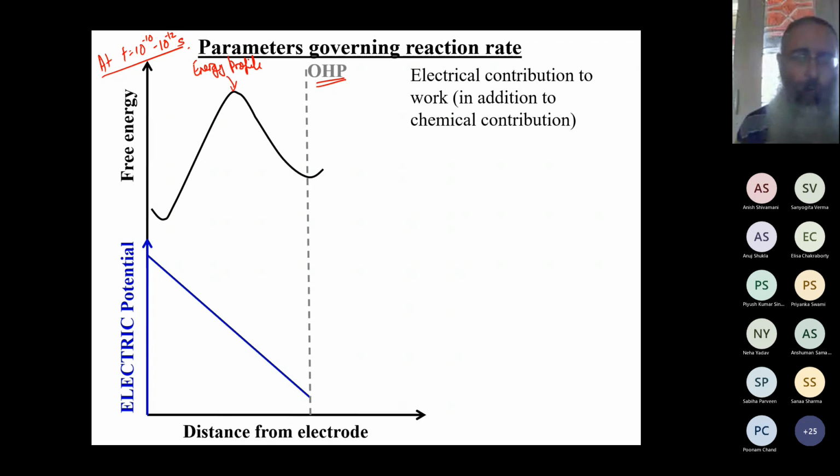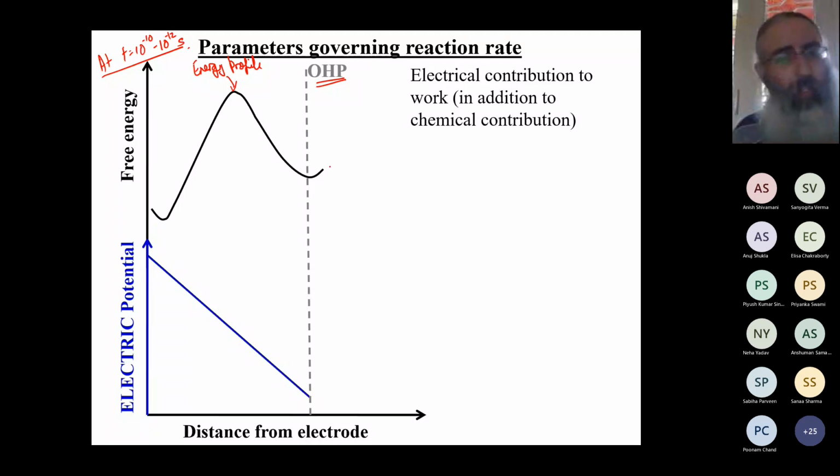All I'm doing is superimposing the electric field that is created at the interface. It could be the electric field due to the surface charge of the metal of the electrode itself, or it could be an electric field created by connecting the electrode to a DC power supply. Either way, we are creating an electric field across the interface, which is going to manifest as an electric potential.